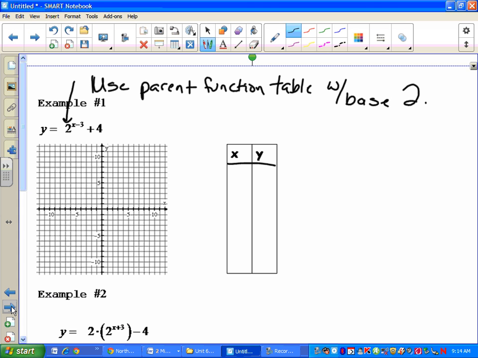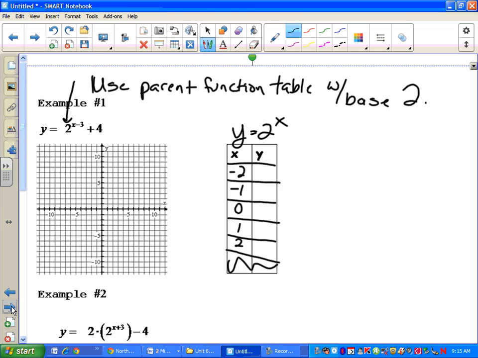Okay, here we go. So let's go ahead and fill in our table for the parent function y equals 2 to the power of x. You can just copy it. Let's see, -2, -1, 0, 1, 2. We don't need the 3. That's a little too far. Okay, what is 2 to the power of -2? Need to get good at this. 2 to the power of -2. 1/4.